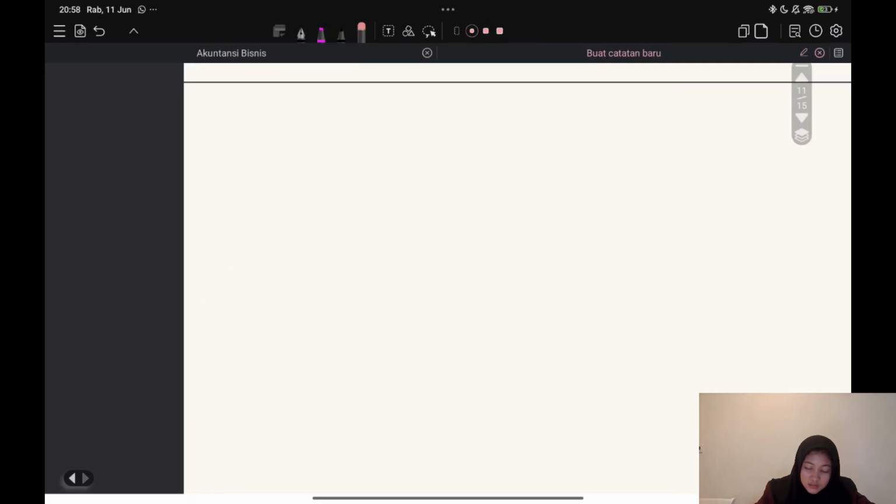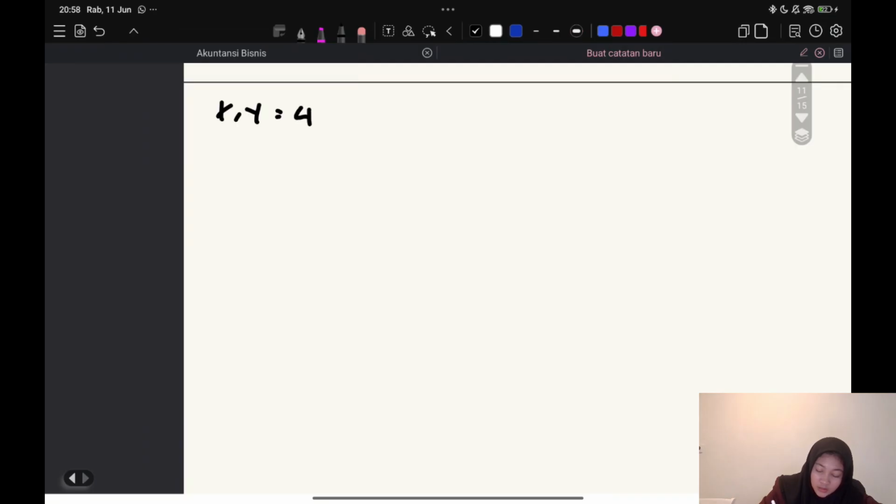The example is v(x, y) = 4x^2 y + 3x y^2, and I want to find the partial derivatives. First, I want to find it with respect to x.